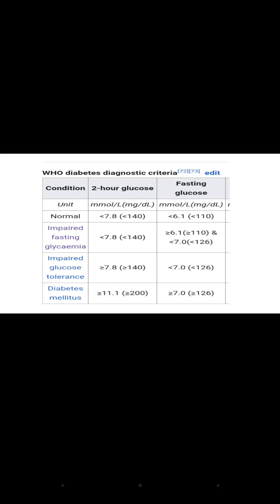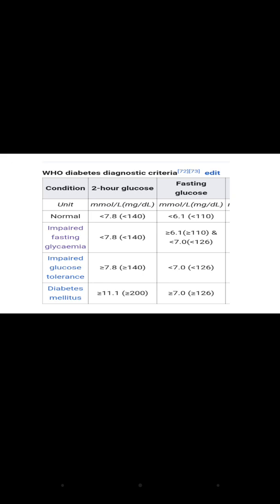In this way, the WHO has categorized the blood glucose levels. What are the normal fasting glucose levels? These are less than 6.1 millimole per liter or less than 110 milligram per deciliter, or if the 2-hour glucose tolerance test is done, it is normal if it is less than 7.8 or less than 140 milligram per deciliter.